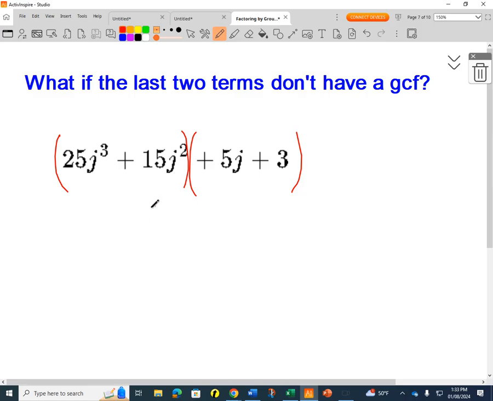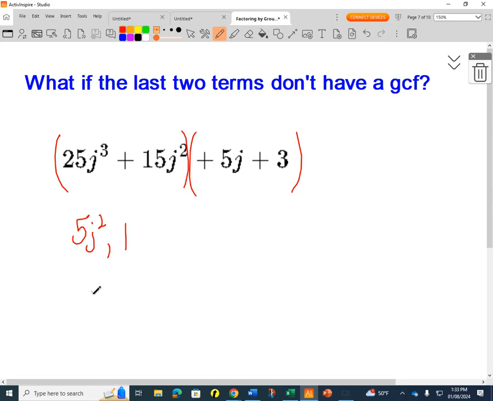Step 2 is find the GCF of each group. What's the greatest common factor of 25 and 15? What's the greatest common factor of j cubed and j squared? J squared. And now, 5j and 3. No greatest common factor. What do we say we're going to use? 1.